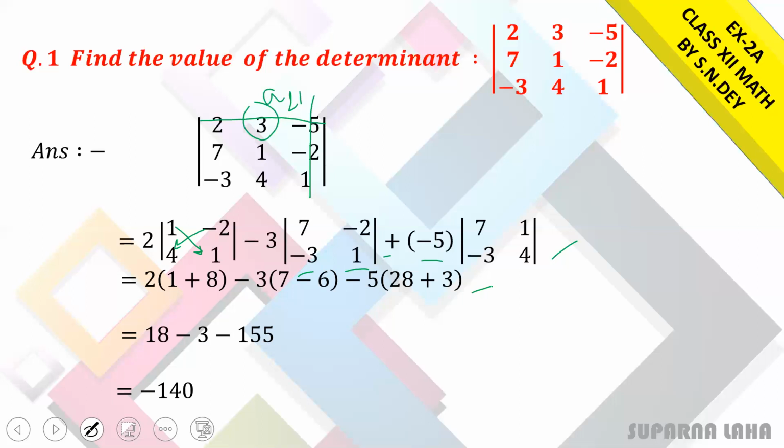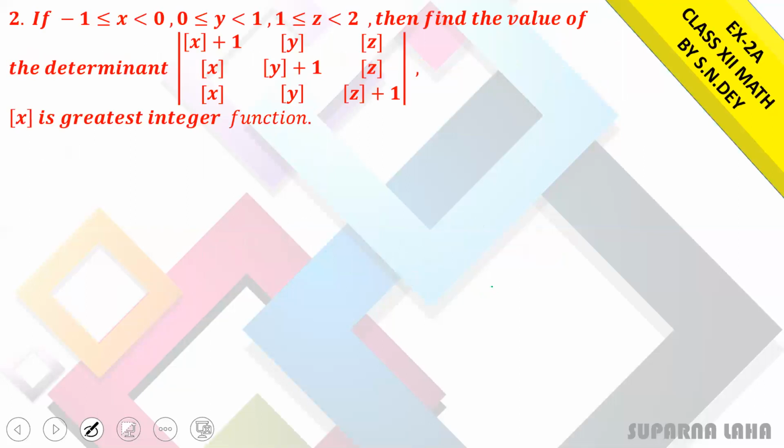Now next, moving to question number 2. If x lies between minus 1 and 0, open at 0, that is, 0 is not included.